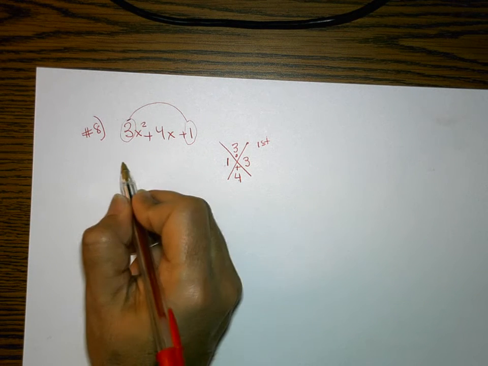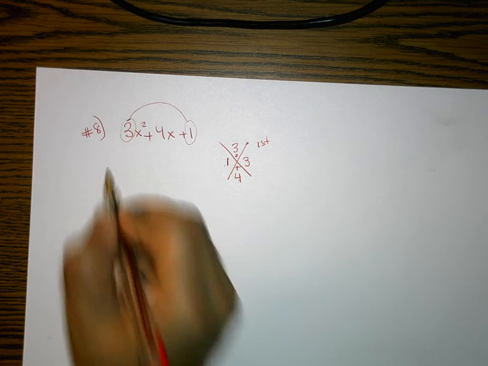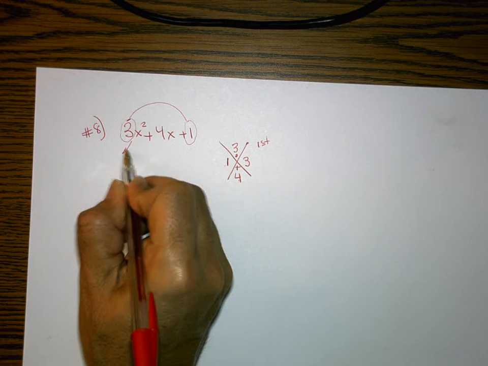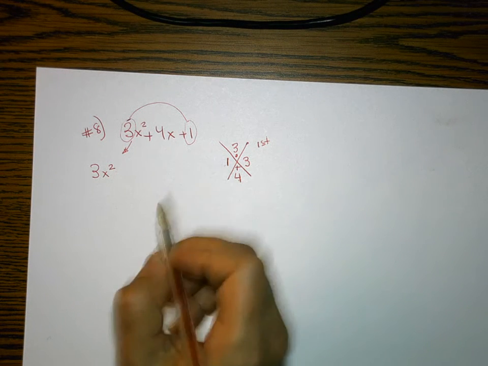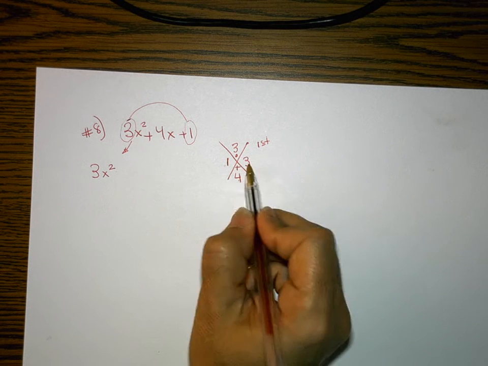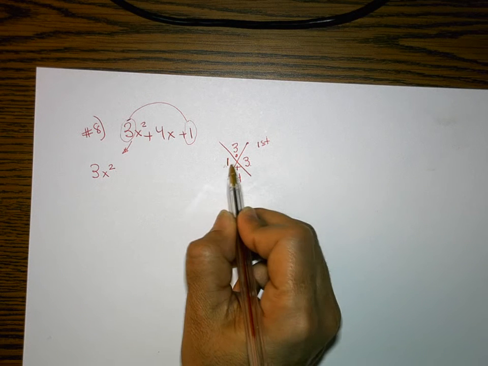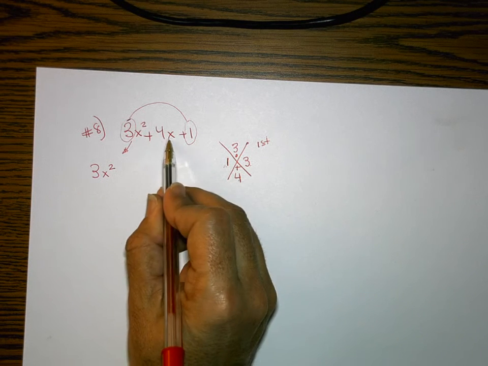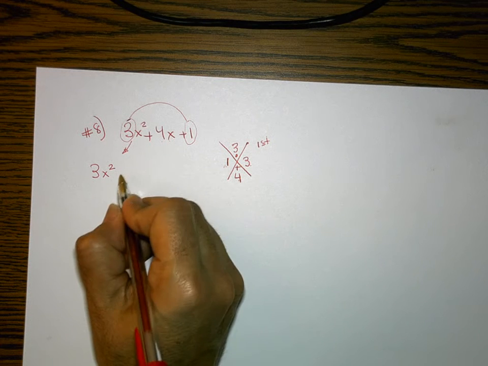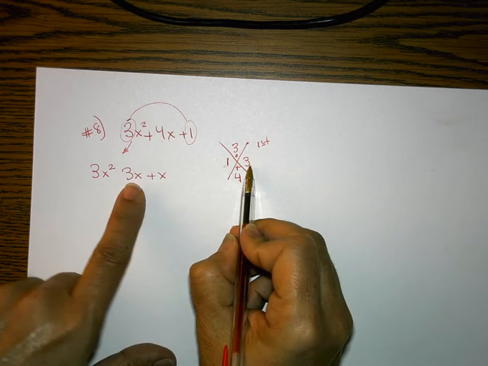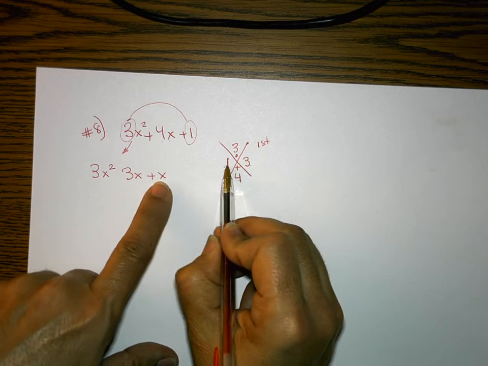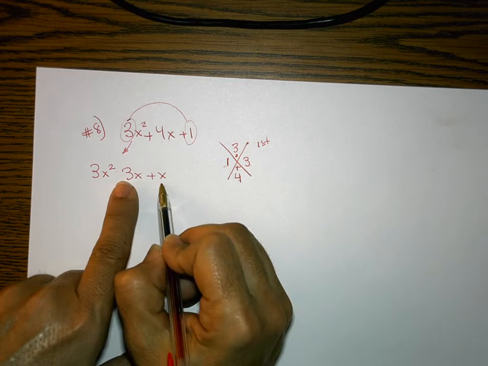Once you find the factors, you must rewrite the equation. So you always rewrite the first term, 3x squared, and you always rewrite the last term. The middle term is the combination of the factors that we found. So I need to rewrite 4x as a 3x plus an x. There's my 3x plus the 1x, and that still equals a 4x.